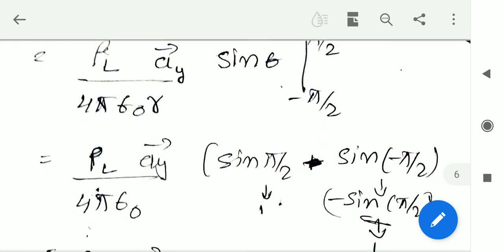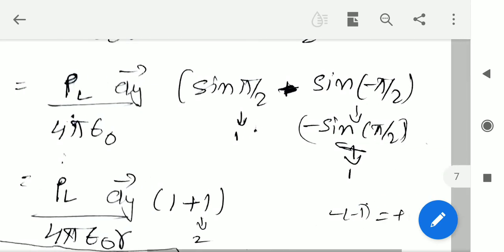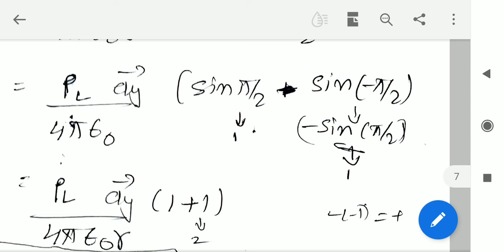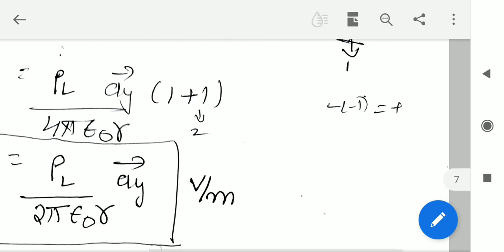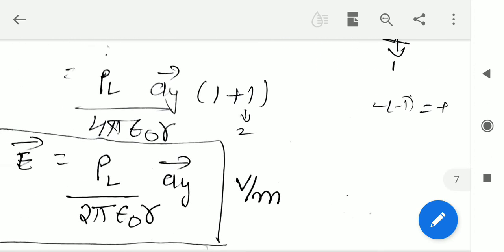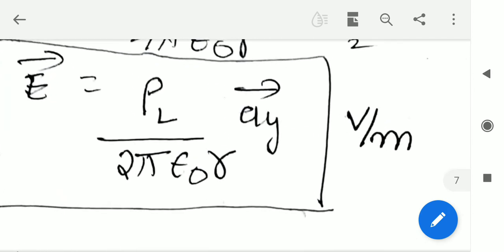If we substitute the limit, sin of pi by 2 is 1, sin of minus pi by 2 is minus 1, so minus of minus 1 becomes plus 1. So 1 plus 1 is nothing but 2. After rearranging with the 4 in the denominator, we get E is equal to rho L divided by 2 pi epsilon naught into R. This is the formula for electric field intensity of an infinite line charge.